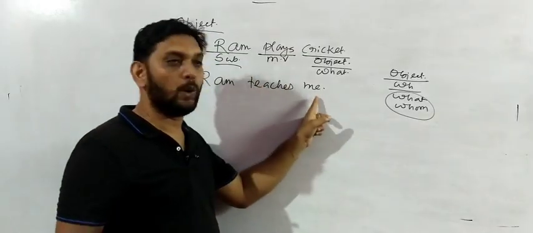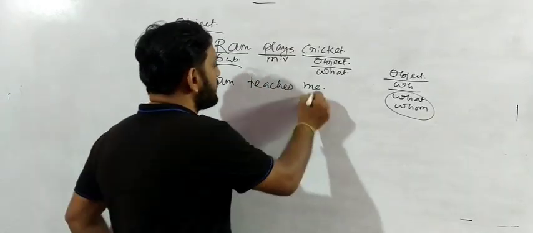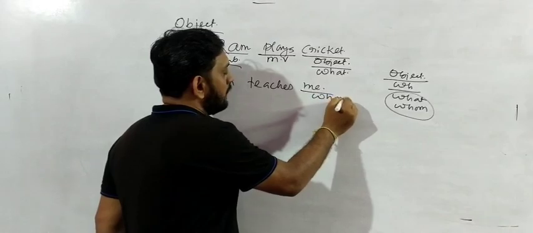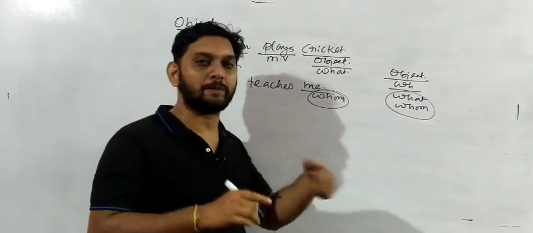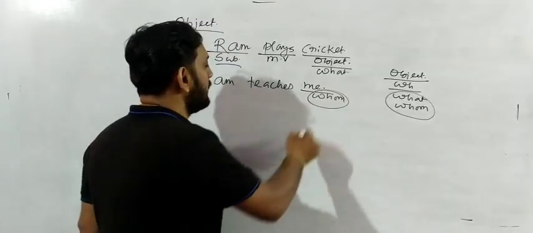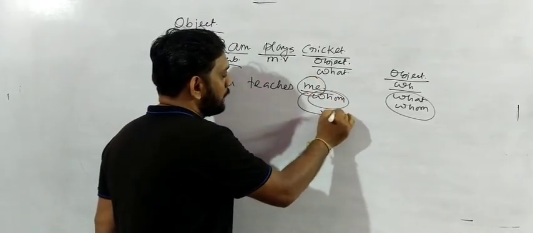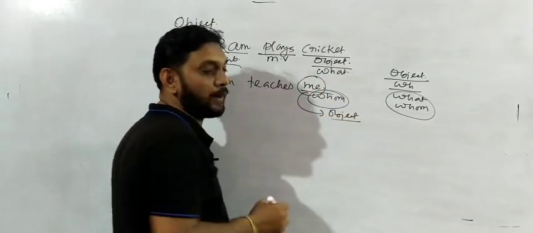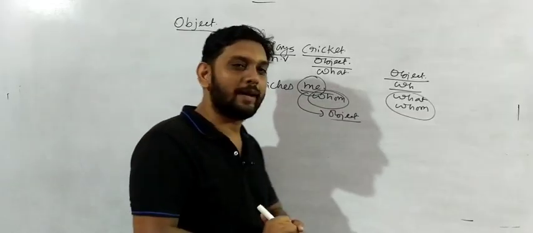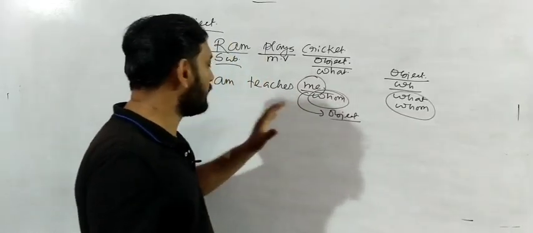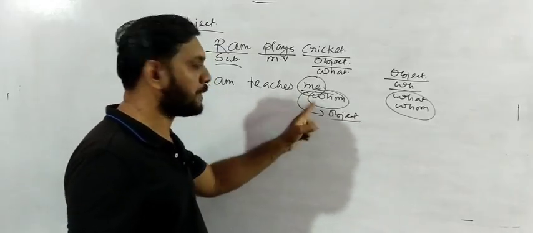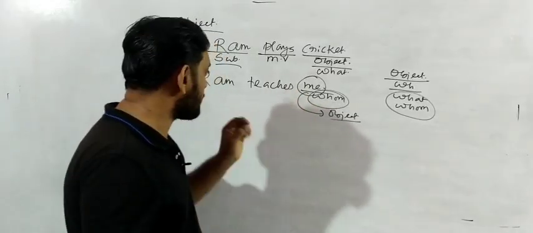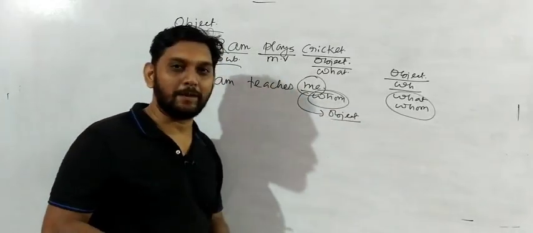You ask Ram teaches whom, and you get the answer of whom. If you get the answer of what and whom, it must be the object of this sentence. That means me will be the object of this sentence. Whenever you get the answer of what and whom, always remember that would be the object of this sentence, especially after the main verb.